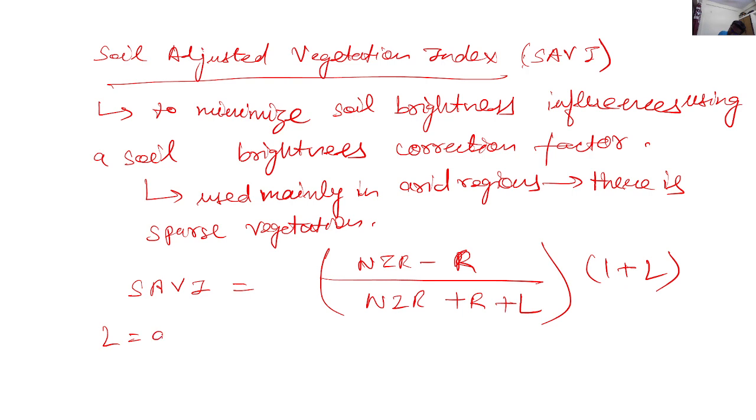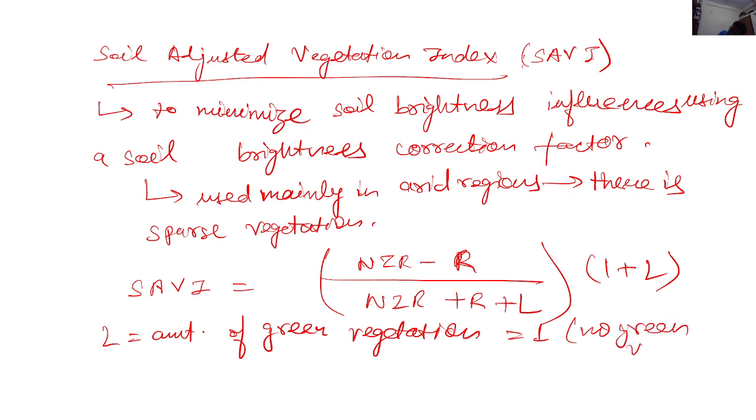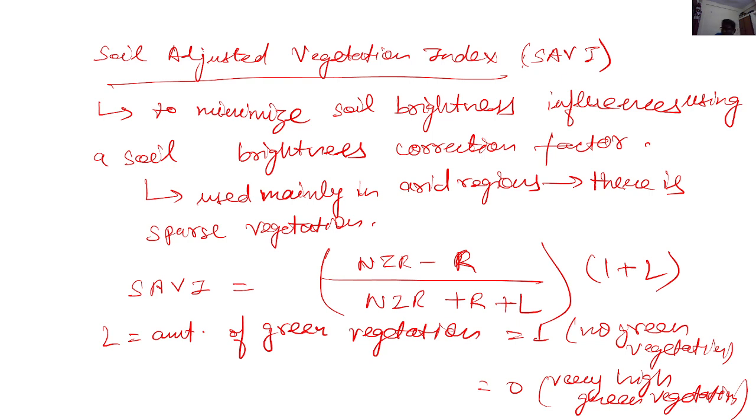L is a function of the amount of green vegetation in that pixel. It will be 1 if there is no green vegetation, and it will be 0 if there is very high green vegetation, with in-between values for different vegetation fractional cover.